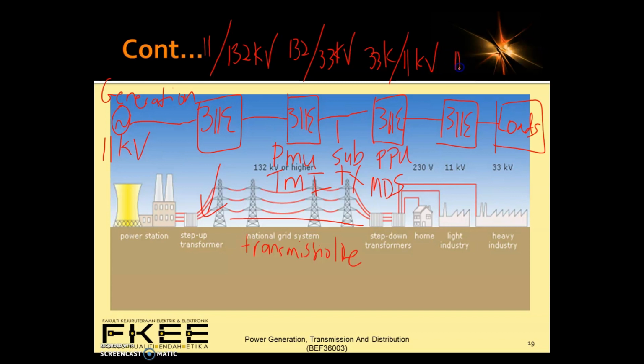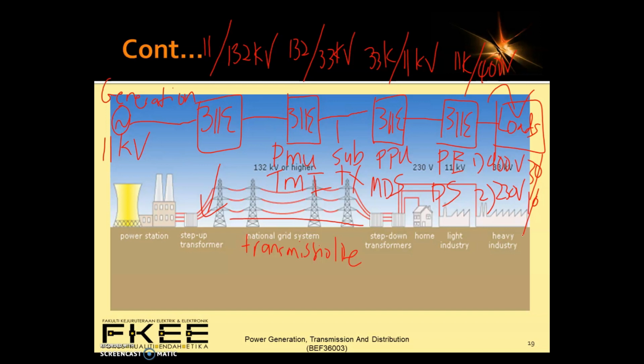Okay, and then from here we have the pencawang elektrik or the distribution substation, and go to the loads. So loads consist of 400 volt for 3 phase, and second we have 230 volt for single phase.